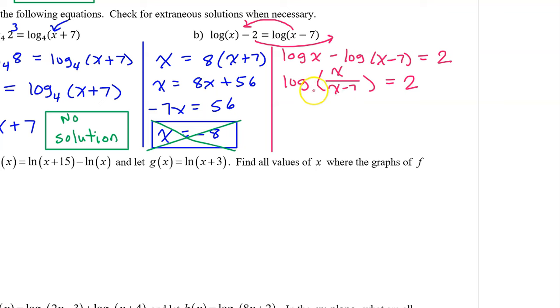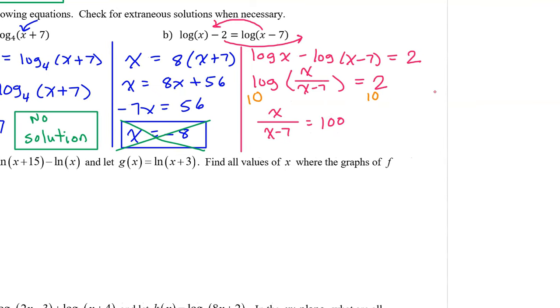The base is invisible, so it must be a 10. So we can solve this by dropping a base 10 on both sides of the equation, like this. Base 10 and log base 10 cancel each other out. So on the next step, we will have x over x minus 7 is equal to 10 squared, which is 100.